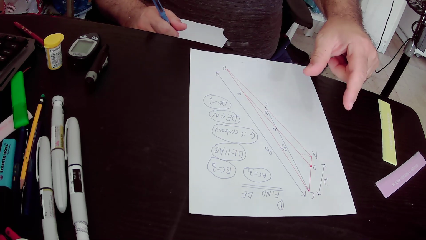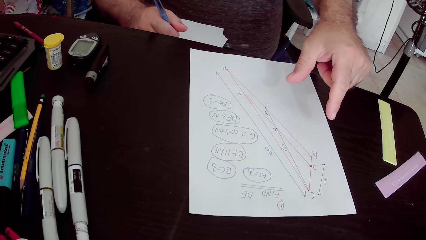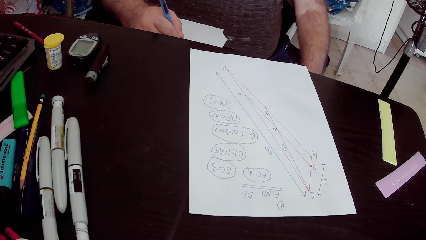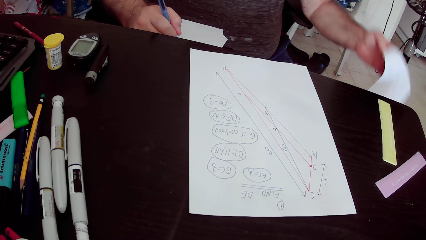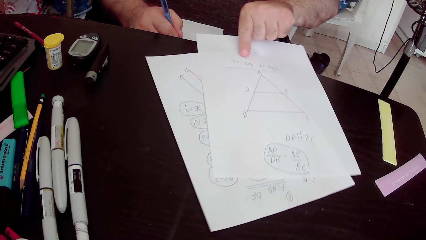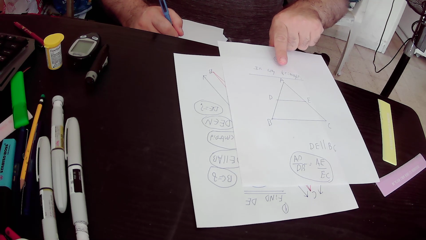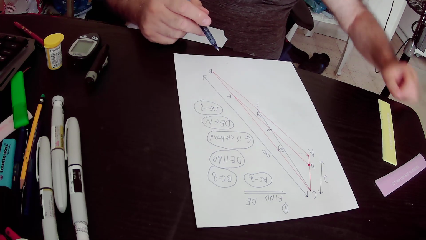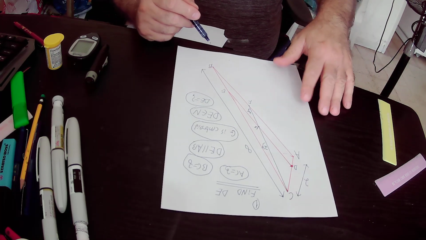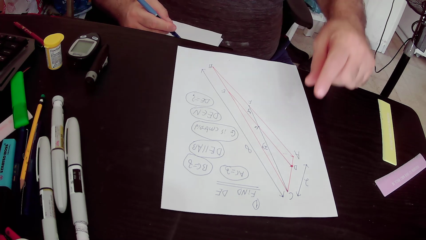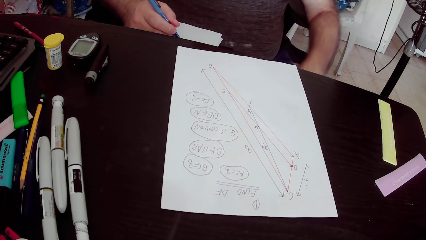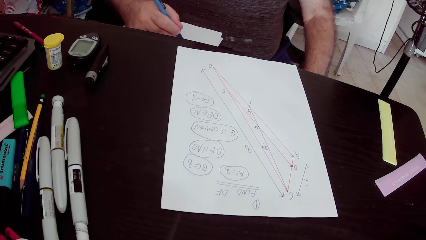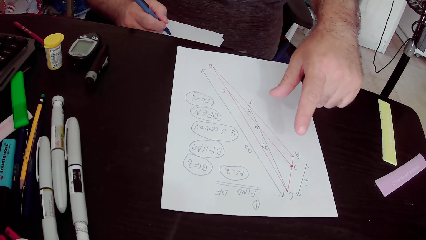So because of the fact that DG is parallel to AF in triangle ACF, according to this rule, we can write that CD over DA equals CG over GF.